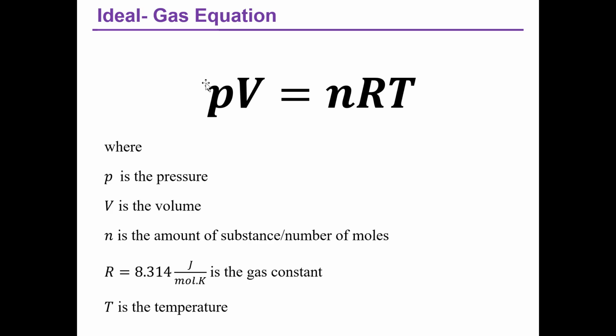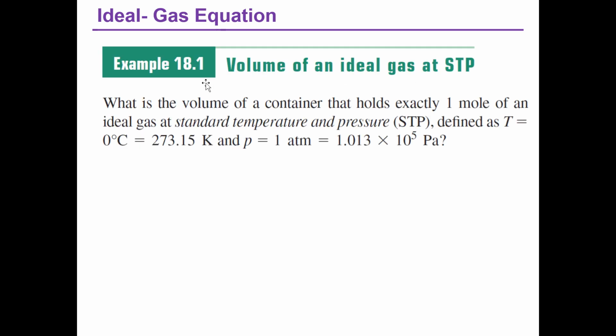So this equation is basically dealing with the relationship between the pressure, the volume, and the temperature, which are the macroscopic properties of a substance. So it is equal to PV equals nRT.